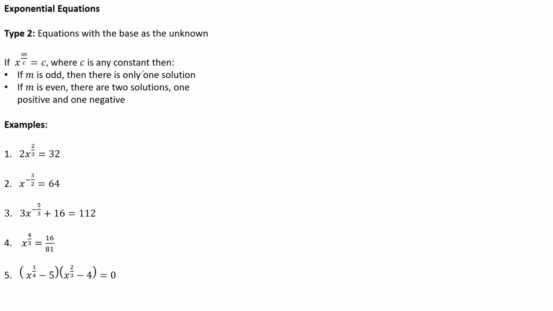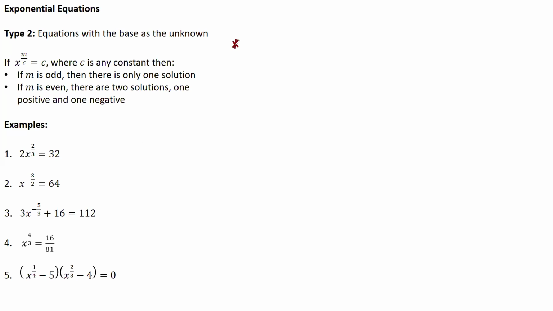Again, the second type of exponential equations are those where you don't know the base, you're looking for the base, and you're working towards the base. So check this out.